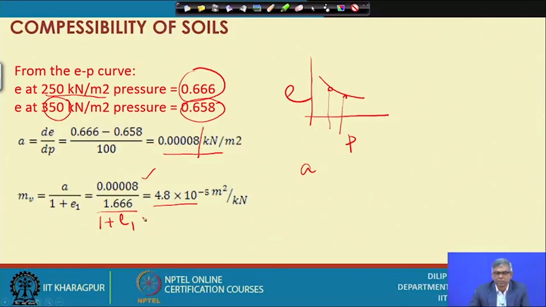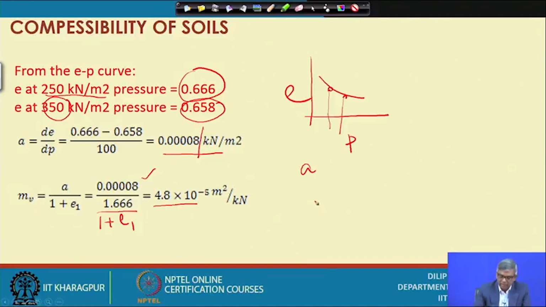There are several other ways it can be calculated. So this is the first one. If you get pressure versus thickness, what does it mean?